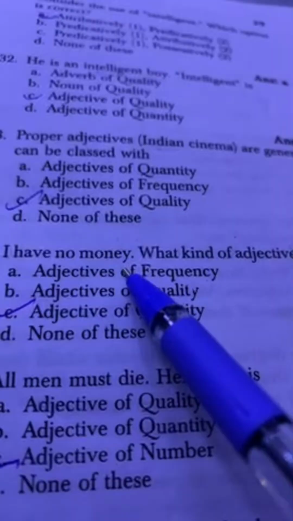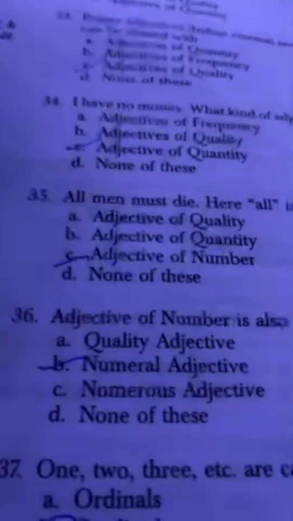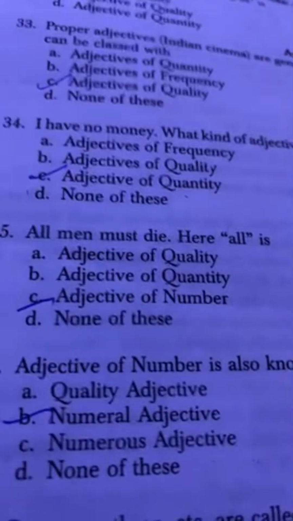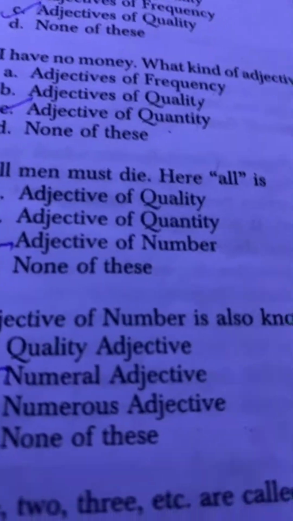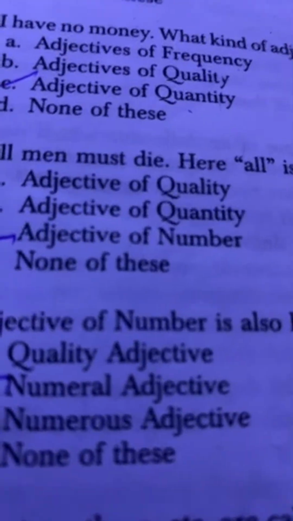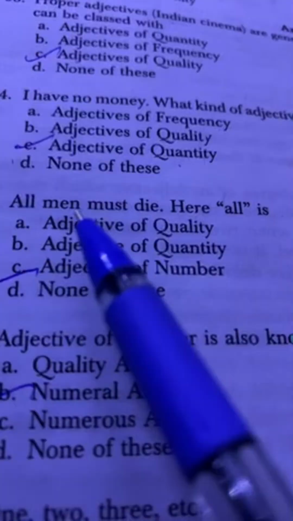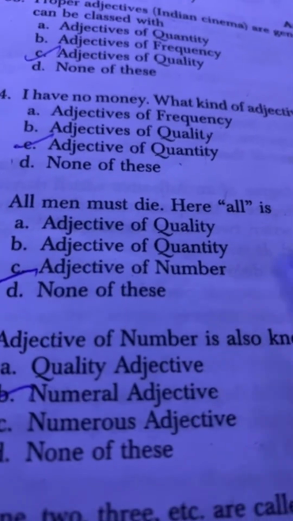So I have no money is your adjective of quantity. All men must die. Here, what does all represent? It represents number. So all is an adjective of number.